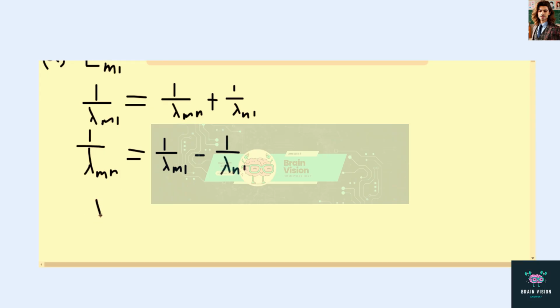So lambda mn is now in the numerator and not in the denominator, is equal to 1 over lambda m1 minus 1 over lambda n1, all raised to the -1. So we can box this in as the solution for A.